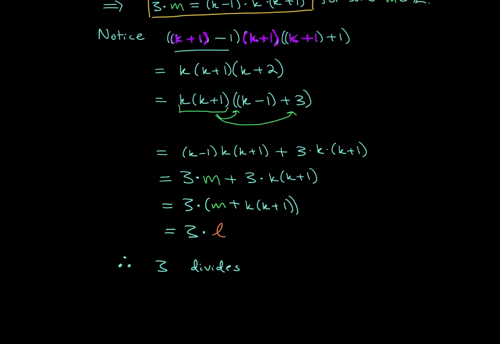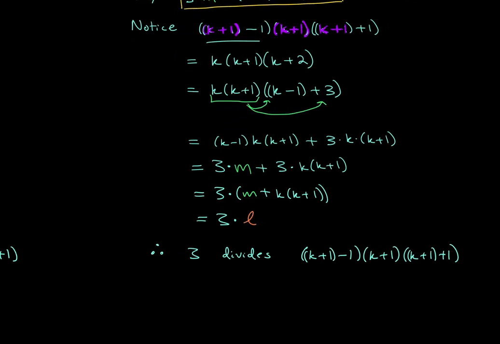And I'll do it like this: k plus 1 minus 1 times k plus 1 plus 1. So what I just showed is that if this yellow box is true, then this is also true, and that is the principle of mathematical induction combined with the base case.